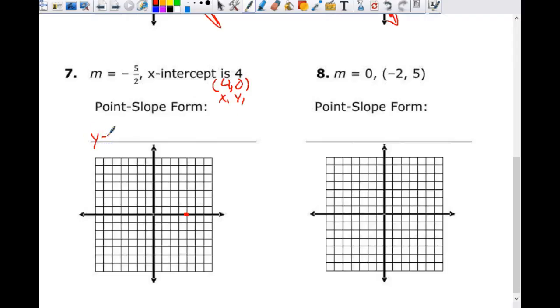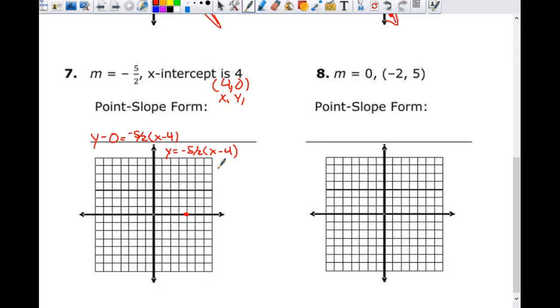y minus y1, which was 0, is equal to m, which is negative 5 over 2, times x minus x1, which is 4. So y is equal to negative 5 over 2 times x minus 4. We need to graph it. Our first point is going to be at 4, 0 right here.